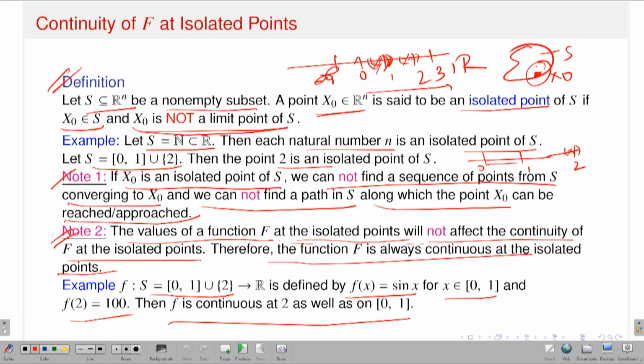So that is the concept of continuity of several variable functions from Rn to Rm. I have introduced the notion of continuous functions, provided various examples, and then I talked about how a given function will have component functions, and what the relation is between the continuity of the component functions and the original function.